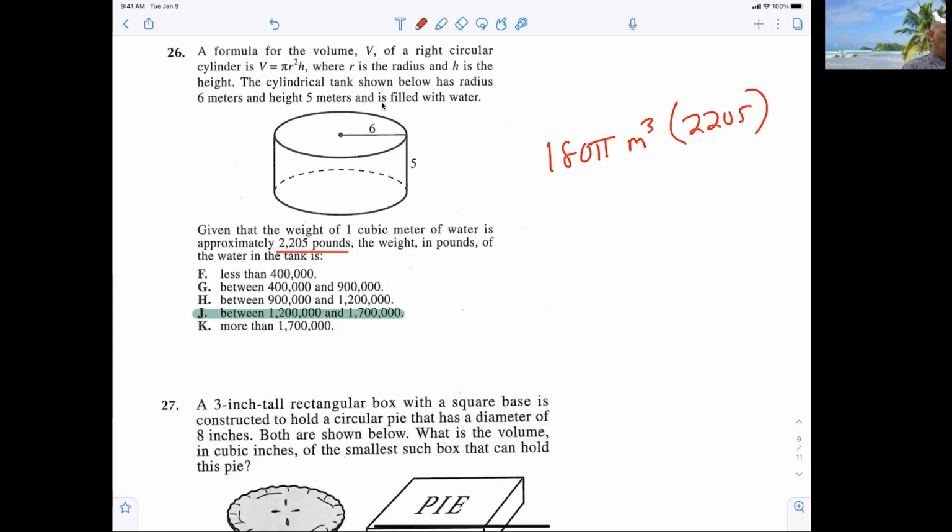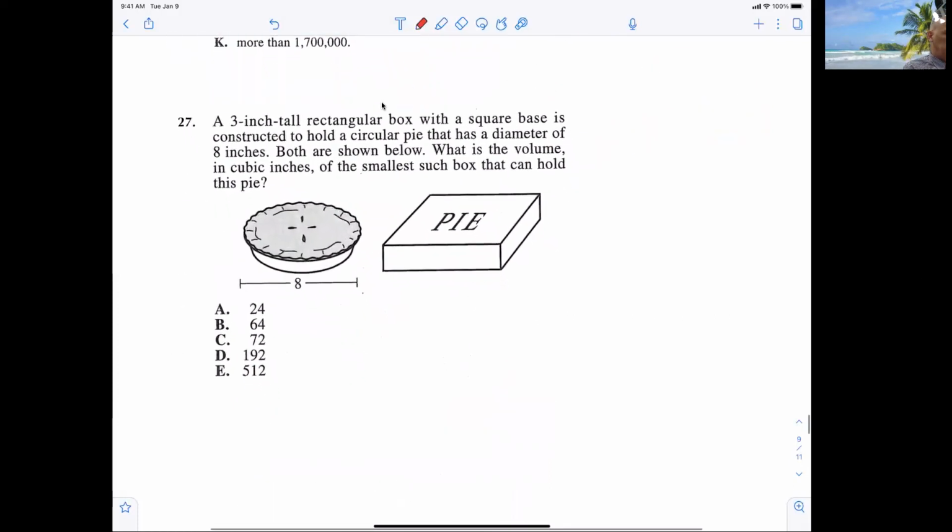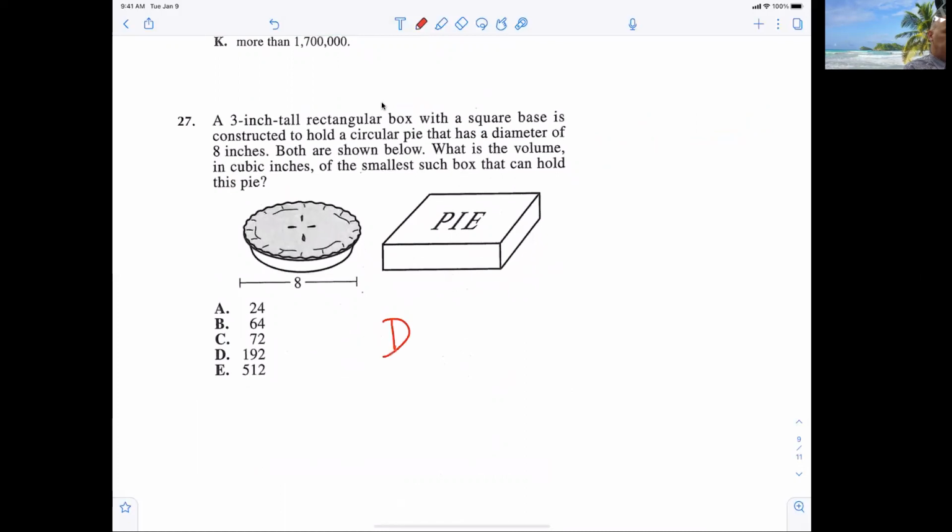All right. 27. Somebody said D, but B. It says, what is the volume of the smallest box? Well, we need it to be how many inches tall? And what would be the box's base? 8 by what? 8 by 3.